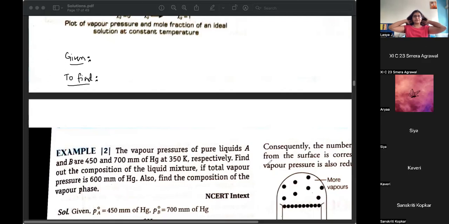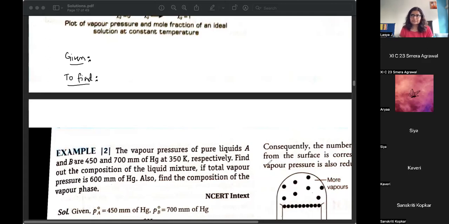So at 350 K, you know that it stays the same. Smera already got it. So this is the composition in the solution, right, Smera? Yes, ma'am.